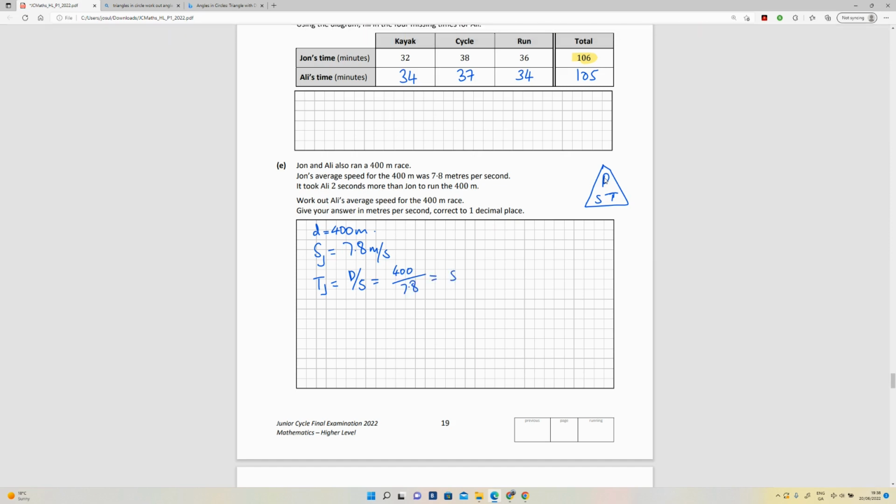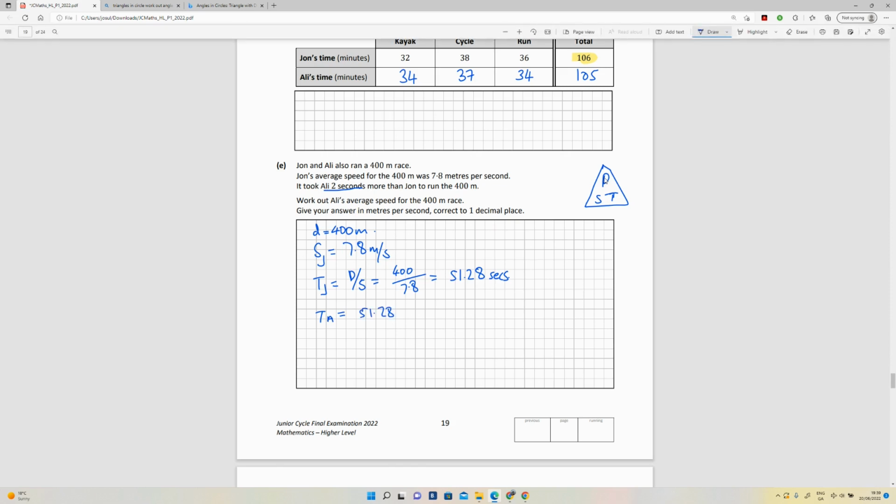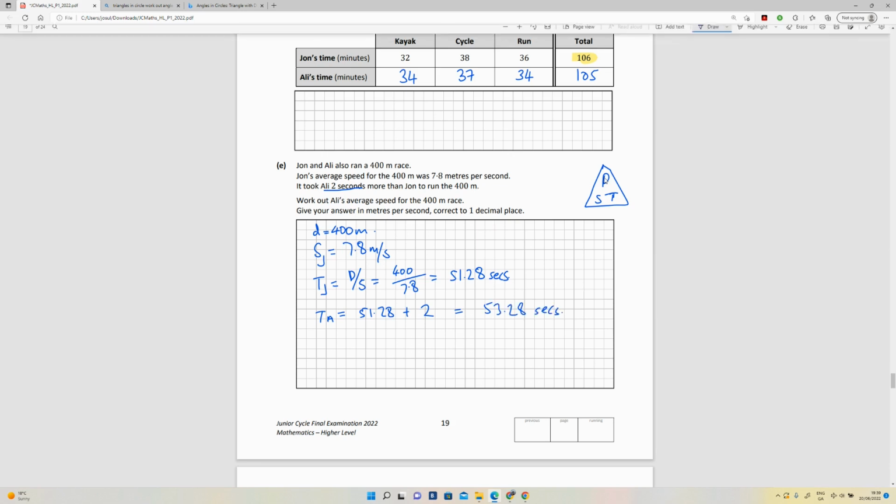So that's going to give me 51.28 seconds. So it took John that long to run it. It took Ali 2 seconds more than John. That's what it's telling us here. So the T of Ali, the time for Ali, is 51.28 plus 2 equals 53.28 seconds.